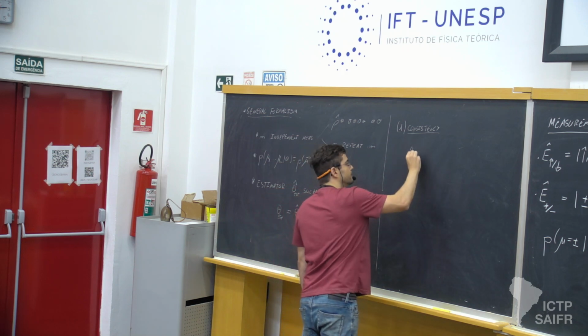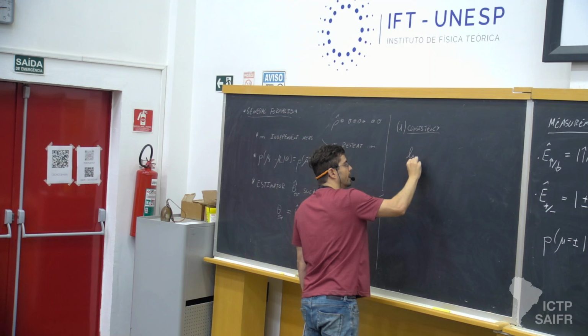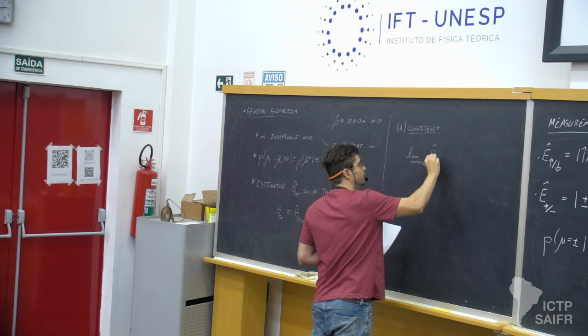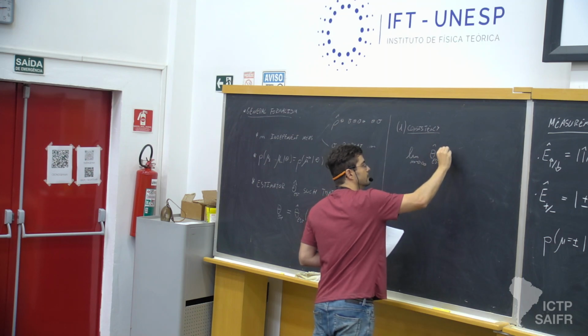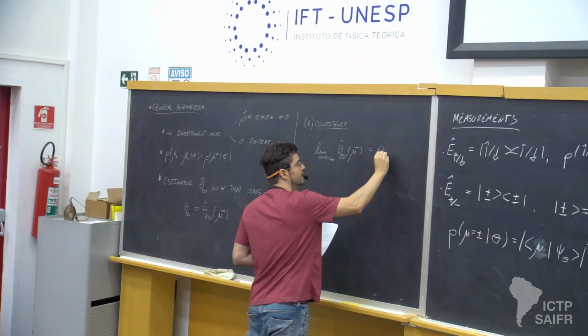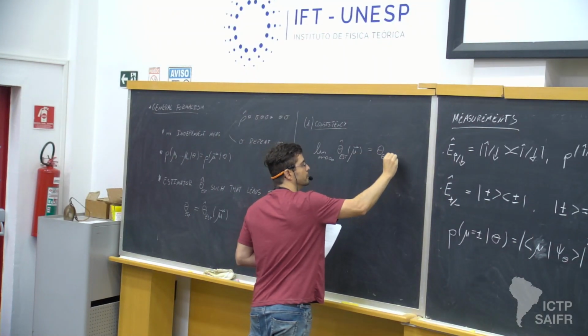So if I go to the limit when M is equal to infinity, the function estimator applied to all of my outcomes leads to the exact value.